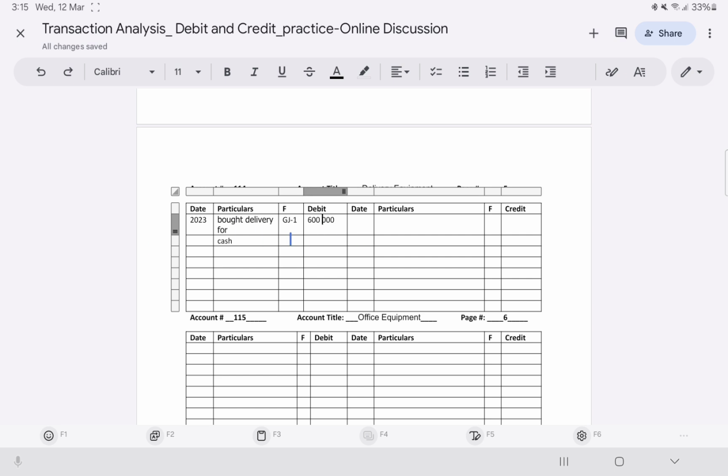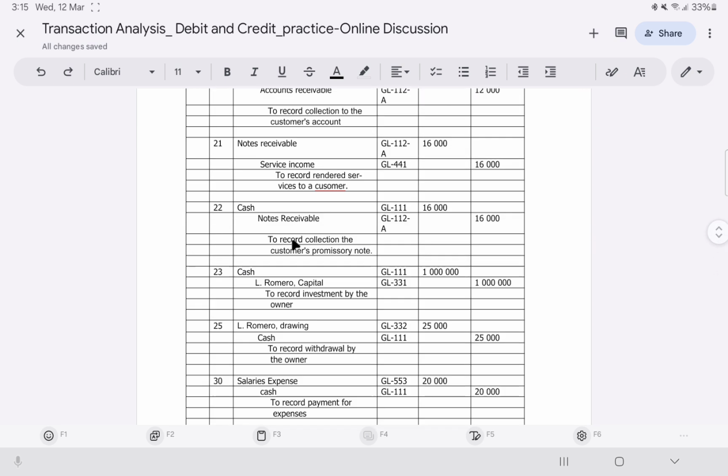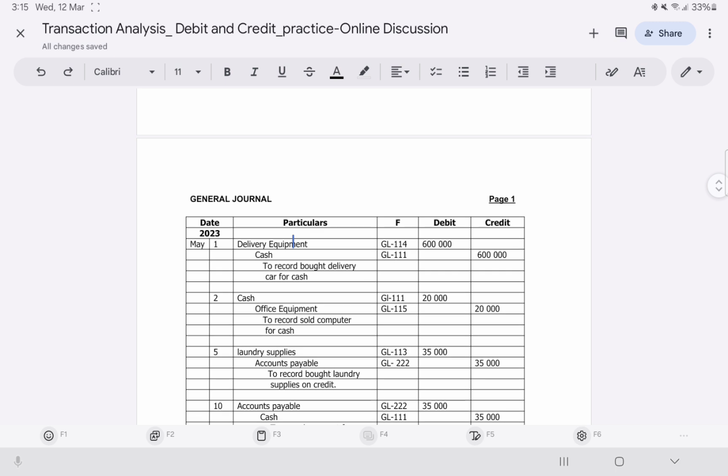So we are done with the debit in transaction number 1 on May 1. Let's post the cash, the credit, 600,000.